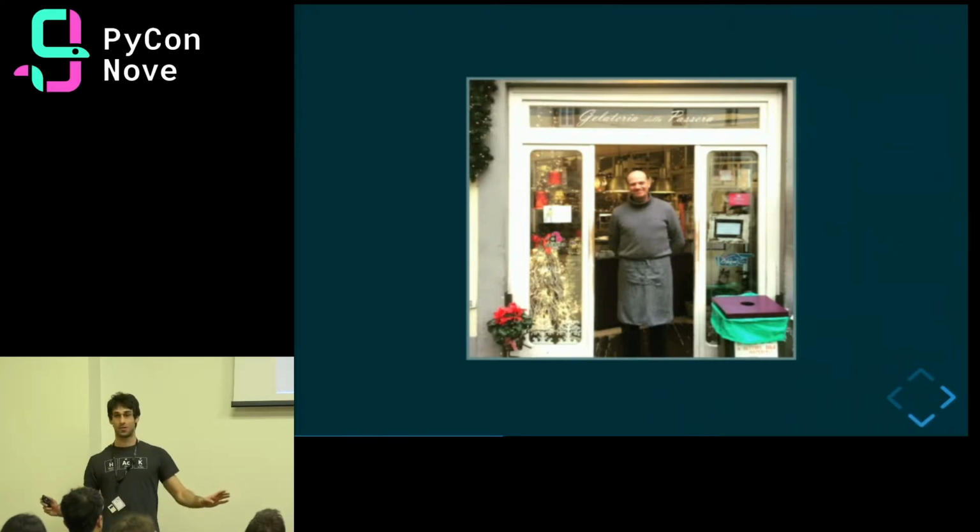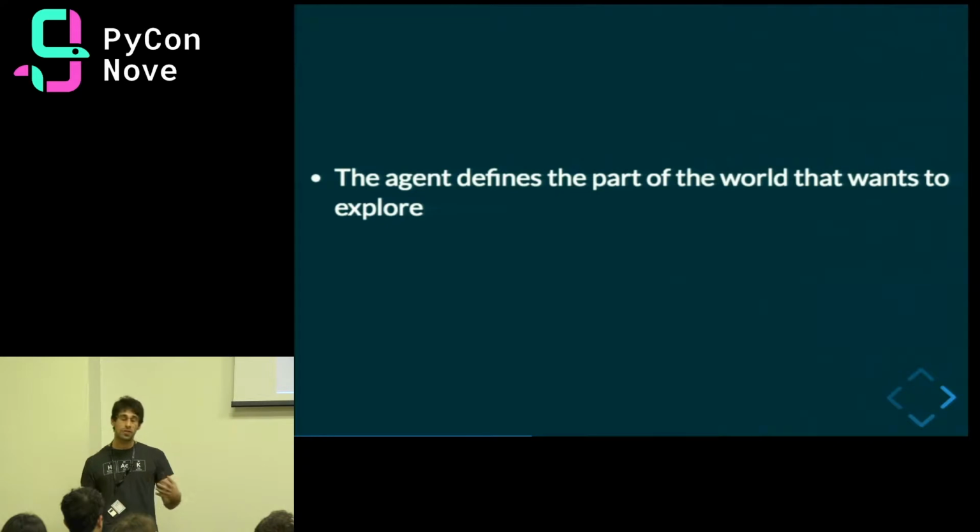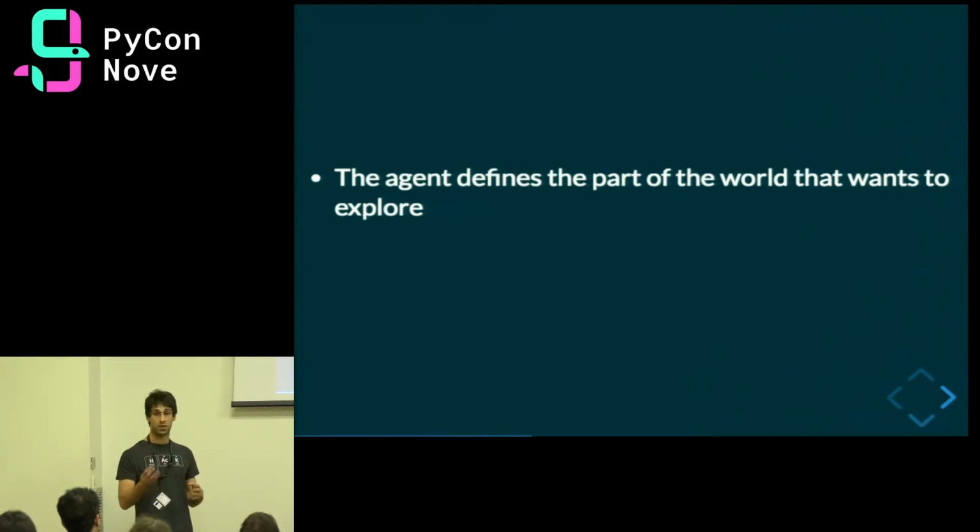Great, now it's clear more or less what reinforcement learning is. There are two things to notice in this setting. The first is that it's one of the main methods in which the agent chooses what to see. The agent is able to consciously drive what to see in the environment according to the action that it takes.